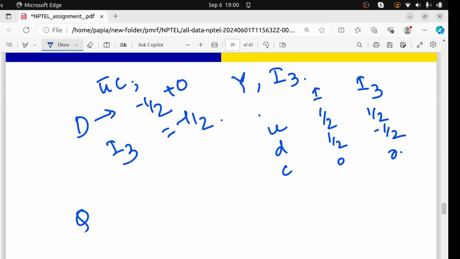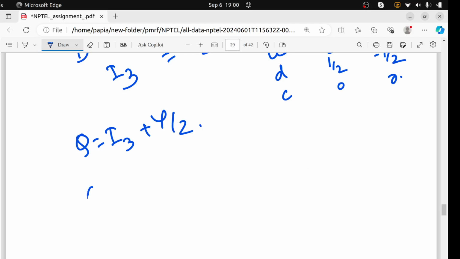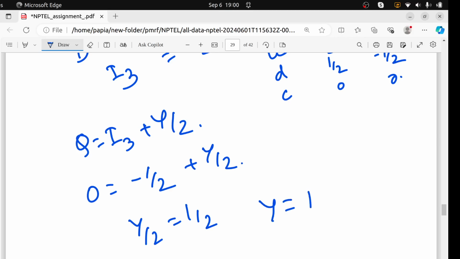So q equals I3 plus y by 2. Yes. So q we have already checked. Q is how much? Q is 0. I3 is minus half plus y by 2. So you can see y by 2 equals half, y equals 1.